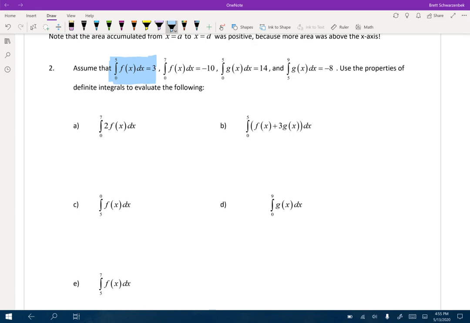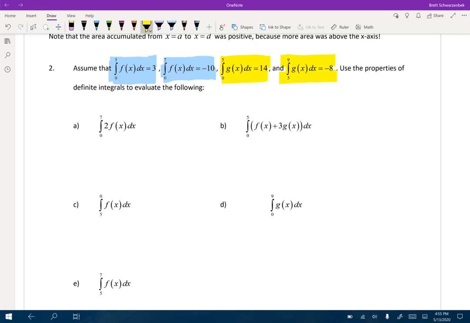Of the same function, if you go from 0 to 7, there's a net area of -10. Now we move to a different function, g of x. Let's say we go from 0 to 5. Under g of x, there's a net area of 14. And for the same g of x, if you go from 5 to 9, there's an area of -8.